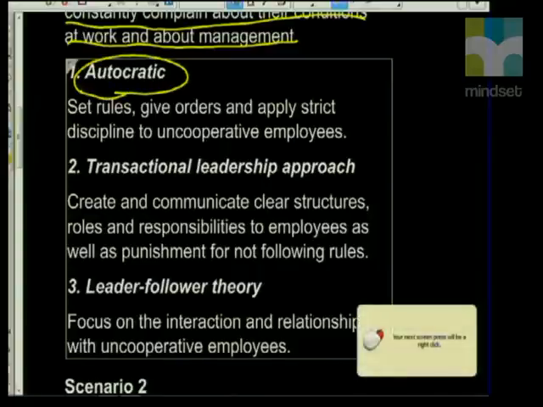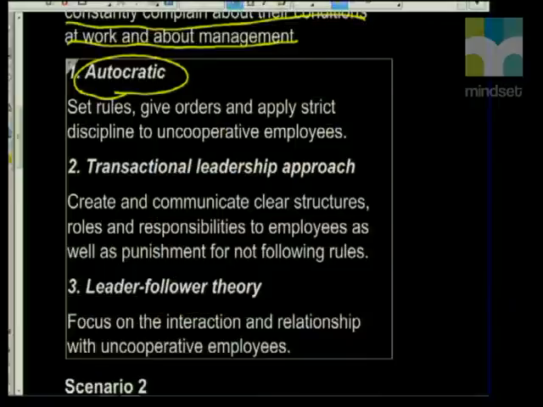Remember, autocratic leadership is boss-centered: you don't ask questions, you do what needs to be done. An important part of autocratic leadership is that there are advantages and disadvantages. The advantage is that you can use it in crisis situations. You need to get things done now, so you get it done. The disadvantage is that workers usually aren't too happy with you, and in this case, workers are already not happy.